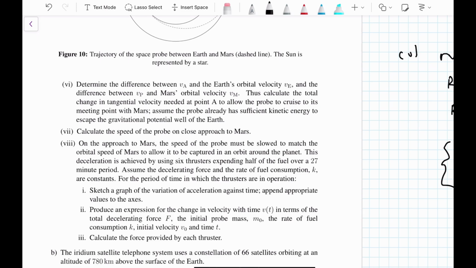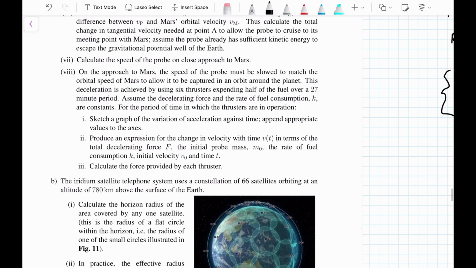And then sketch a graph of the variation of acceleration against time, appending appropriate values to the axes. So if the decelerating force is constant, then technically the acceleration will not be constant because the mass of the satellite is changing.